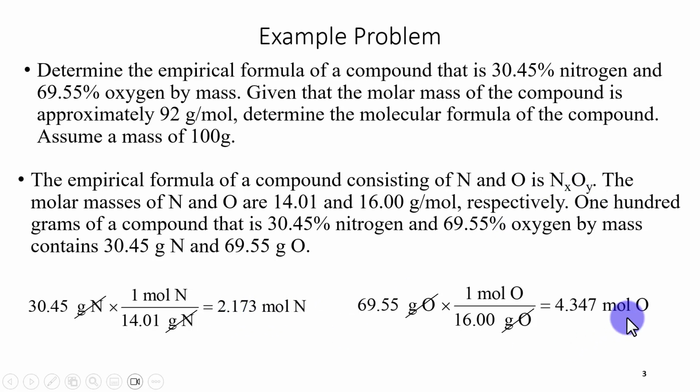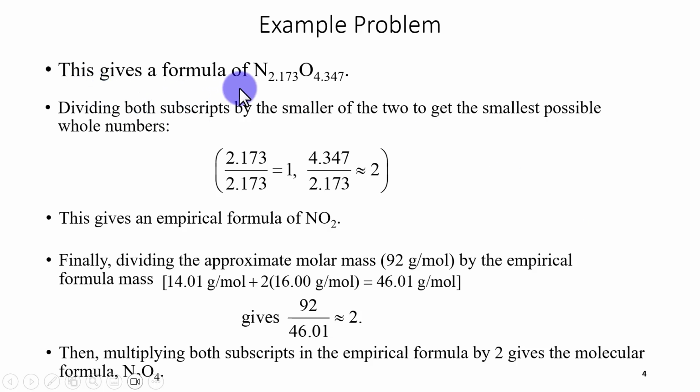So I can plug these numbers in for x and y. And here's my empirical formula, N2.173 O4.347. Now, as you can see, this isn't exactly correct, because these can be simplified and they're not whole numbers.